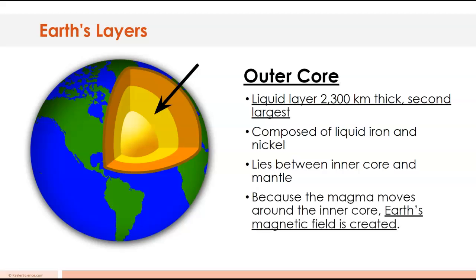It's liquid, it flows, and it goes the same direction that the Earth rotates. And in the next slide, when I talk about the inner core, I'll tell you why it actually creates the Earth's magnetic field. So go ahead and hit pause and copy down those things about the outer core. Oh yeah, and the average temperature is between 4,000 to 5,000 degrees Celsius, so it's getting hotter as we move closer to the center of the Earth.